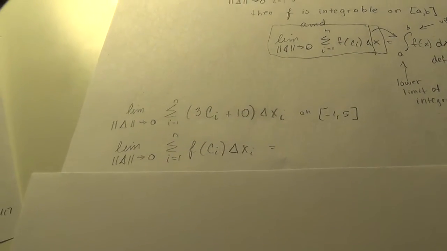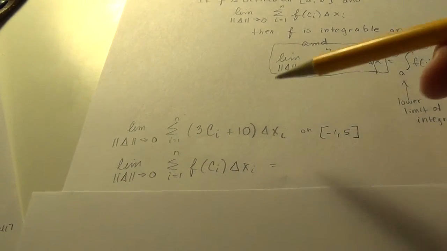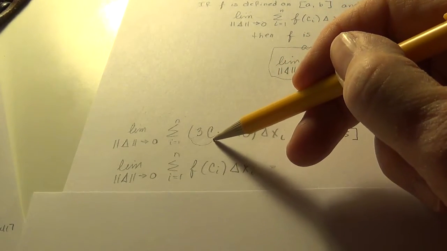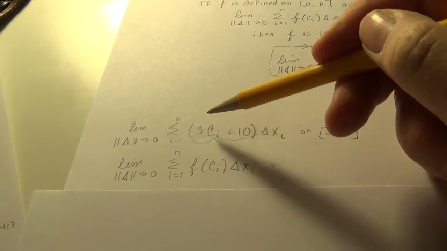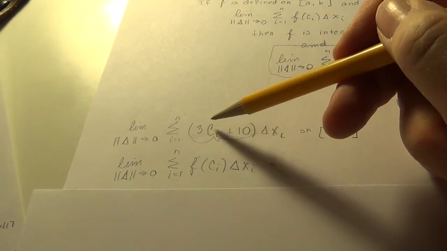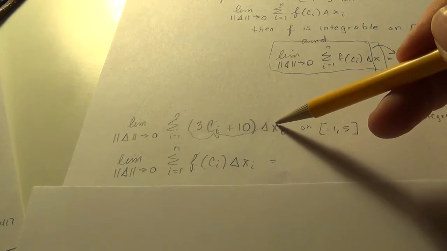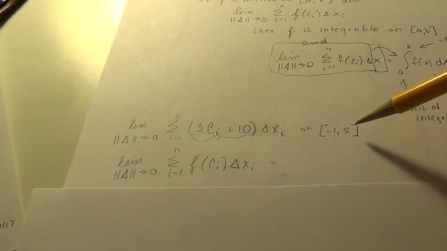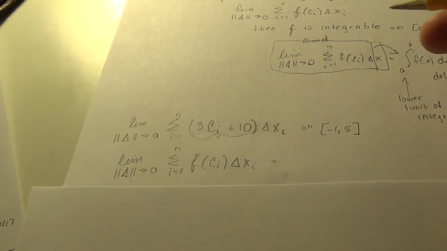So here's the general form right here. And notice this whole expression here is actually telling us what the function is. It shows us what the function did to the c sub i, and it tells us what the variable is, and it tells us on what interval. So here is what you should be able to observe from that.